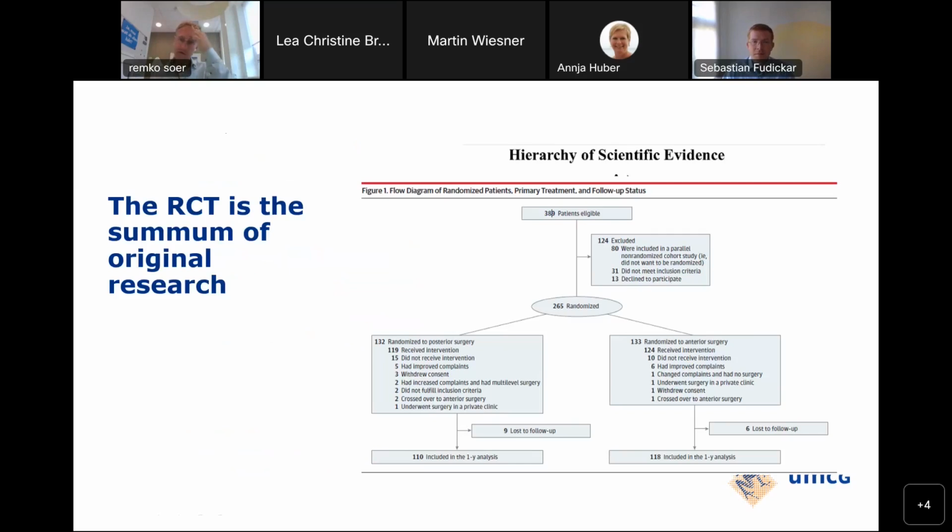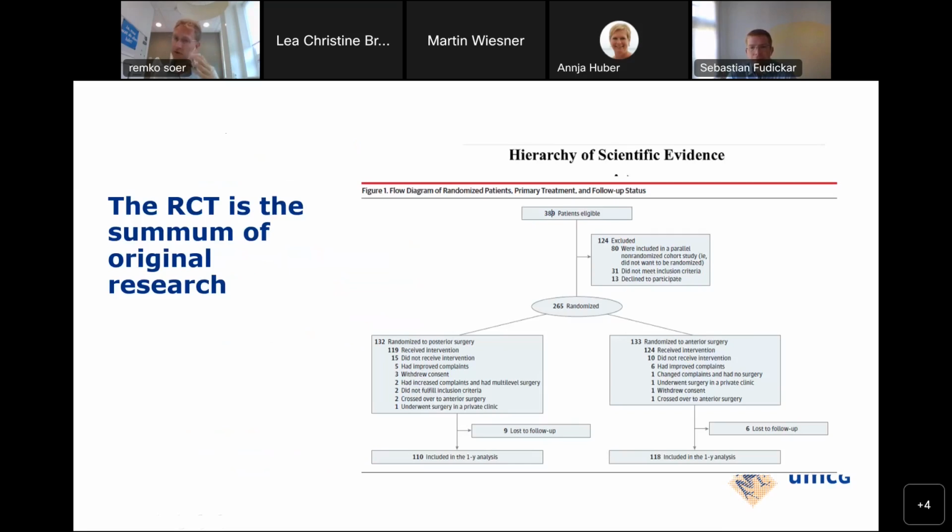We included 389 patients that were all diagnosed with a cervical herniation, so a neck herniation, and they were all going to have surgery.